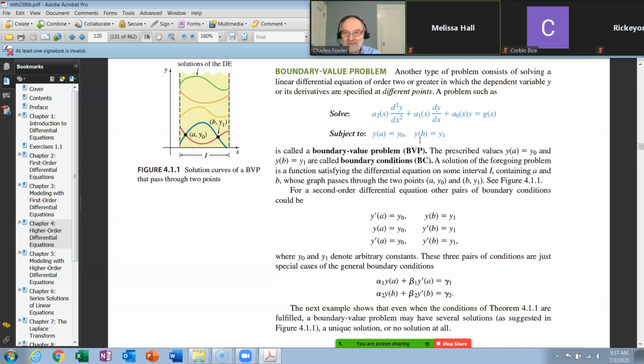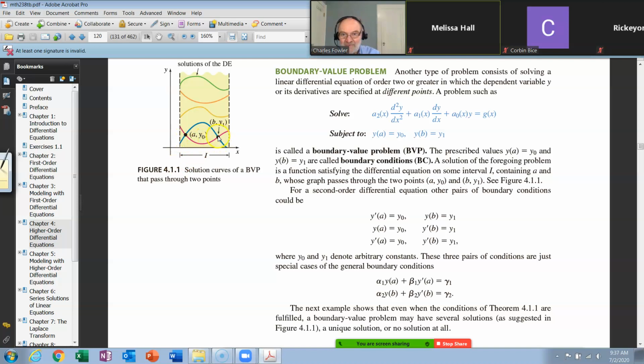This shows a bunch of solution curves that may satisfy the differential equation here. But to meet these boundary conditions, here's one that at x equal a is y0.